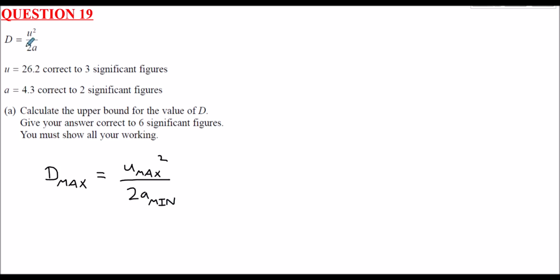So first off, we're told that u equals 26.2 correct to 3 significant figures. So let's just consider this for a moment.